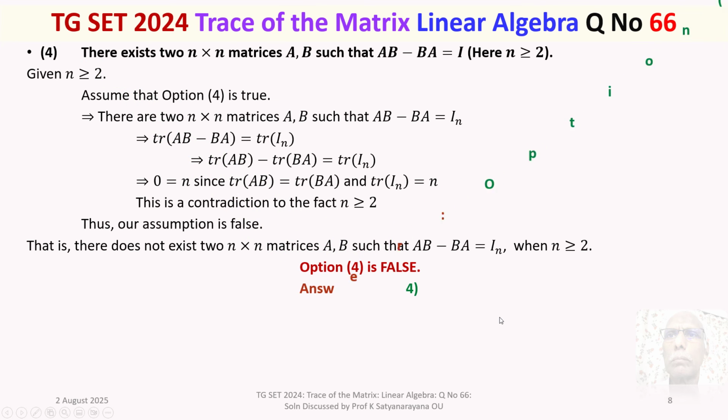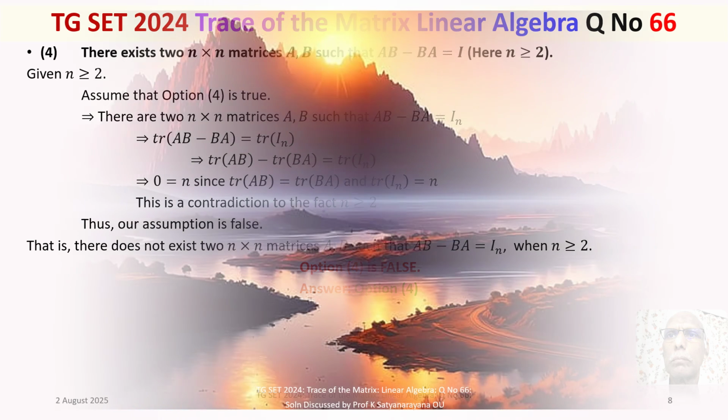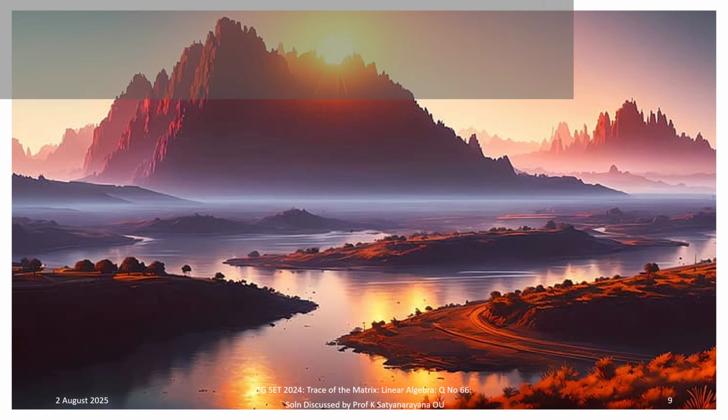That is the detailed discussion of the solution of the problem from the section linear algebra, which is related to the concept of the trace of the matrix and the results related to the trace. It's a very simple, straightforward question. I am sure that you have understood the solution of this problem.